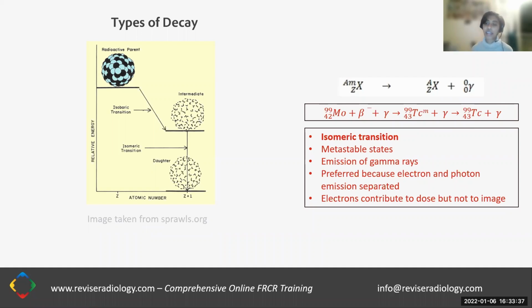The reason is that electrons contribute to the dose that the patient receives, but not the image which is being created. So we want gamma photons to be produced in a certain energy because that is going to create the image that we want, but the electron is just increasing the dose of the patient and not helping to increase the image. So this isomeric transition is an important transition and a useful one.